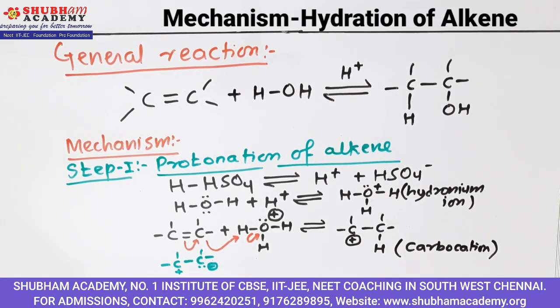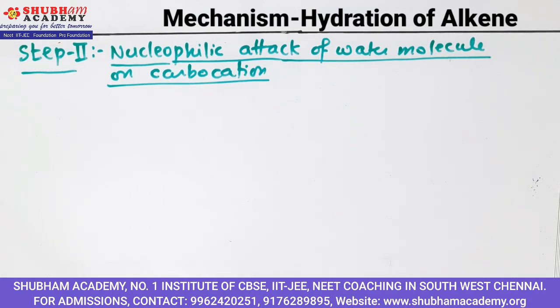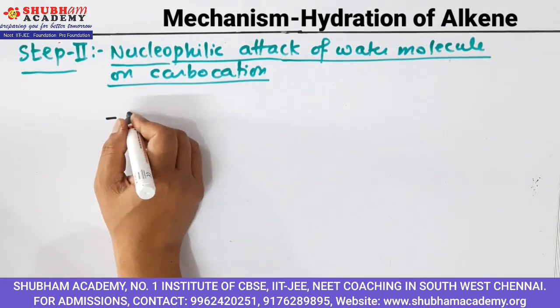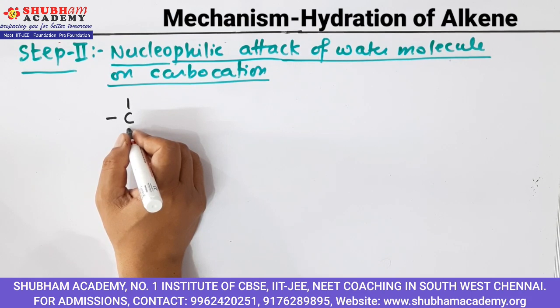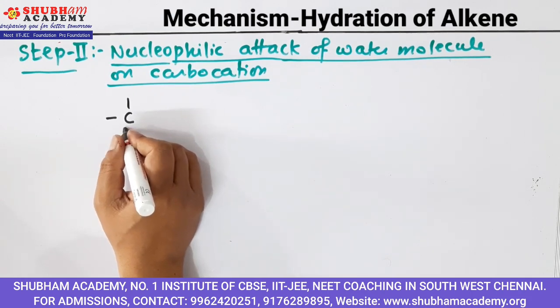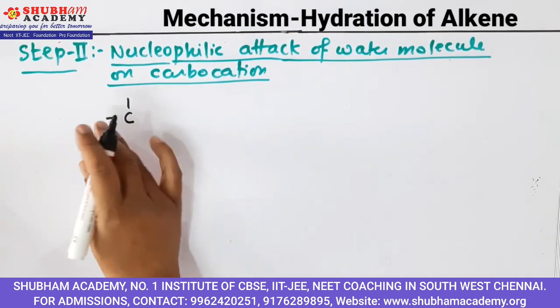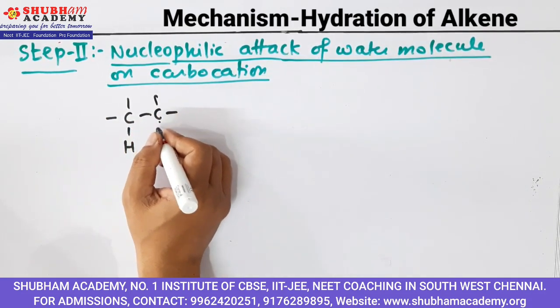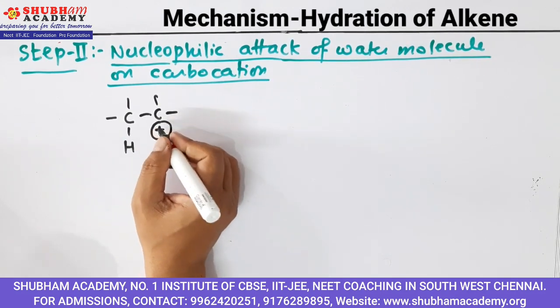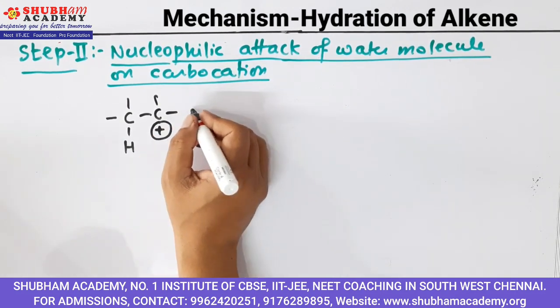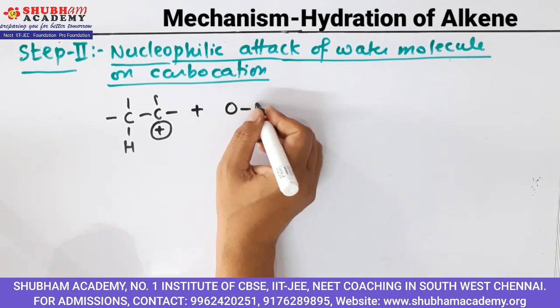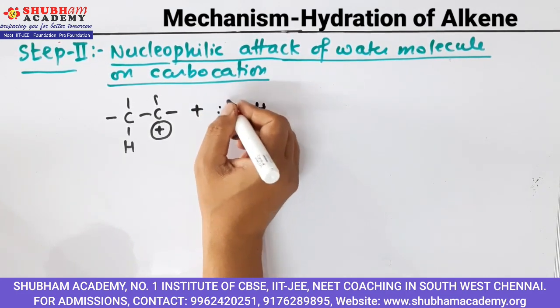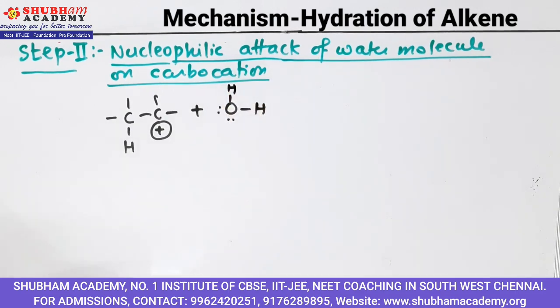Now step 2. So step 2 is nucleophilic attack of water molecule on carbocation, right. So this was the carbocation we got in step 1. I will write H this side, okay. This is the carbocation we got in step 1. It will combine with the water molecule, right?